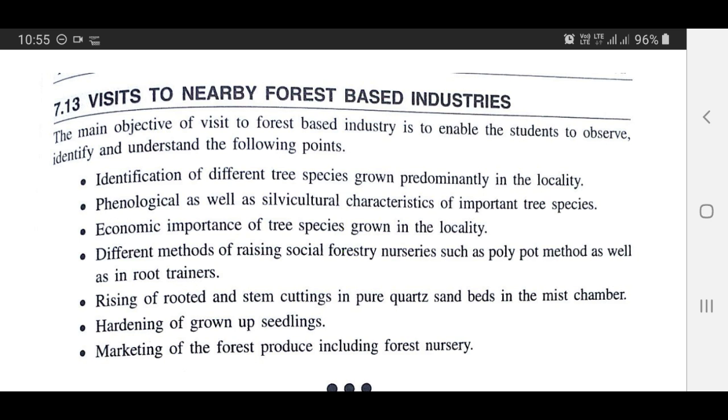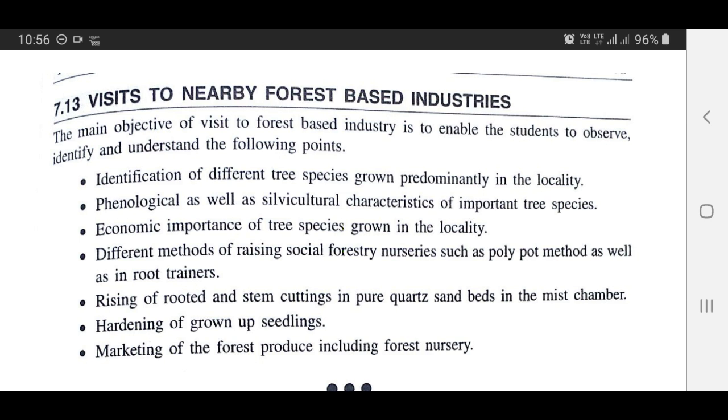They are certain fabricated root trainers, generally manufactured with the help of plastics, in which we fill the potting mixtures, sand, soil and FYM based potting mixtures, and sow one seed per hill, or cell you can say.